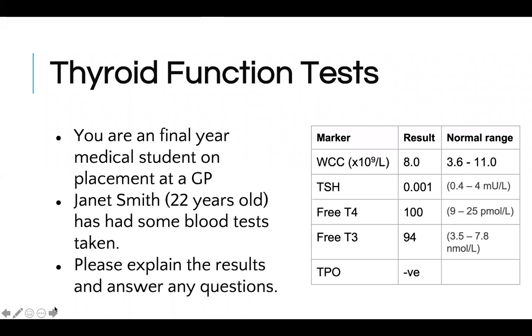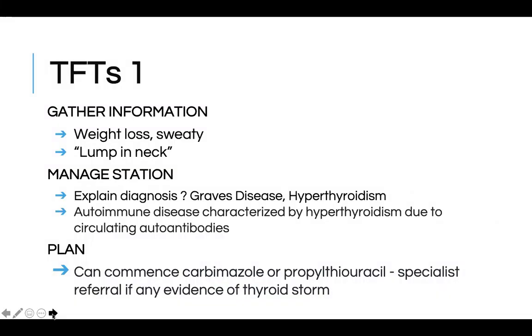Yeah, so I think the first thing to do is to recognize what this could be. So you're completely right. So hyperthyroidism, and that's usually because the thyroid produces excess T4, T3, and that will decrease the TSH. It's a primary cause. Oh, and I forgot to mention that she's got a lump in her neck, so that can go with hyperthyroidism. But you want to explain the diagnosis. So could be hyperthyroidism, could be Graves' disease.